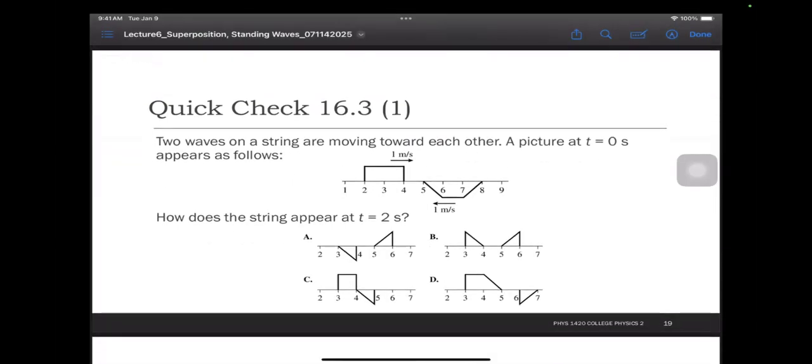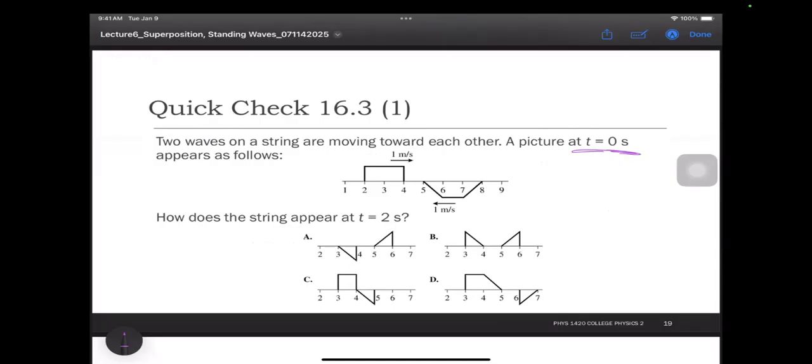Okay, let's check the other one. Two waves on a string are moving toward each other. A picture at t equals 0 seconds appears as follows. This is t equals 0 seconds, the initial time. How does the string appear at t equals 2 seconds? Actually, it's a similar thing.